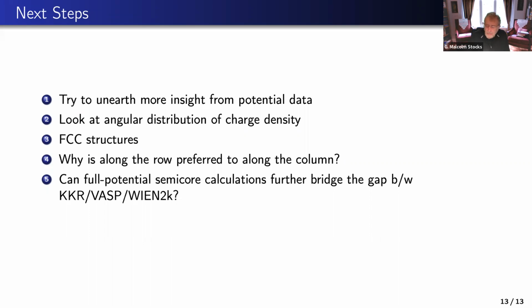So the Lmax that you go to for the potentials and for the wave functions, I wasn't paying attention when you said what the Lmax was. Do you test that they are in fact converged by adding yet another one?